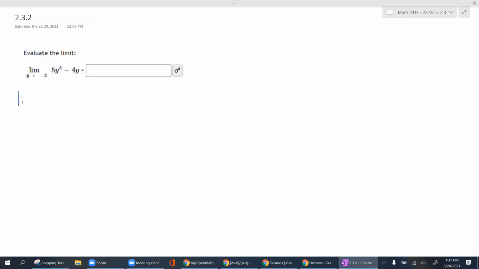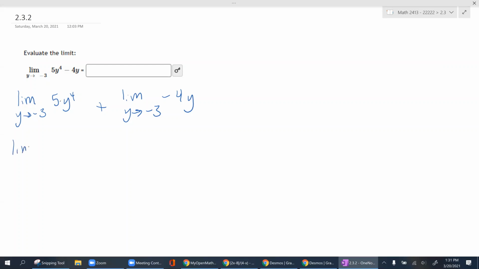So I know this is the same thing as the limit as y approaches -3 of 5y to the 4th, plus the limit as y approaches -3 of -4y. Moreover, looking at this first one, the 5 and the y to the 4th are multiplying each other, so I can apply a limit law.